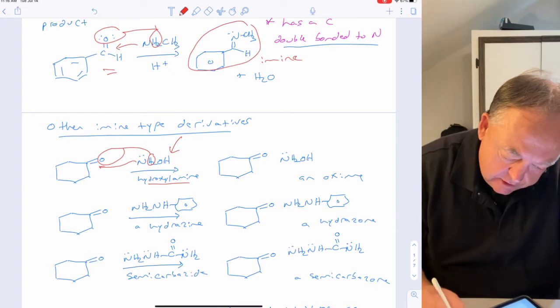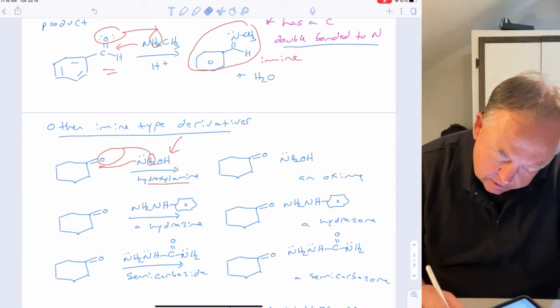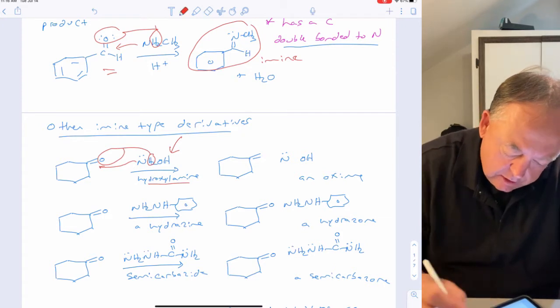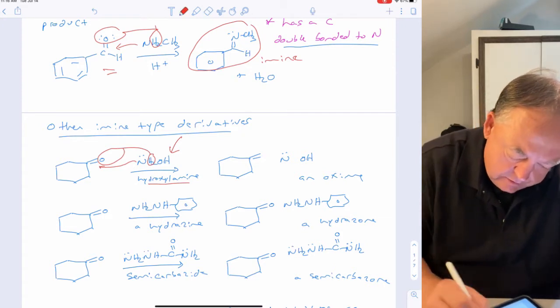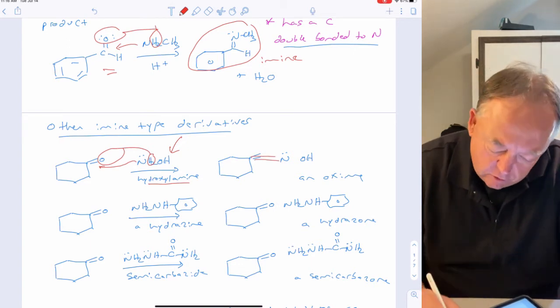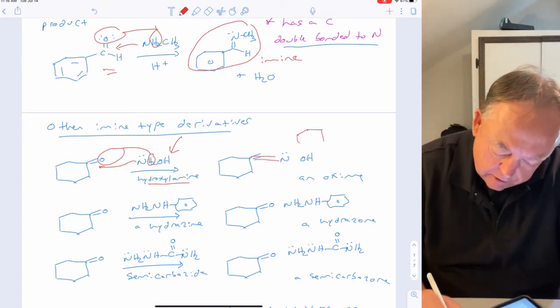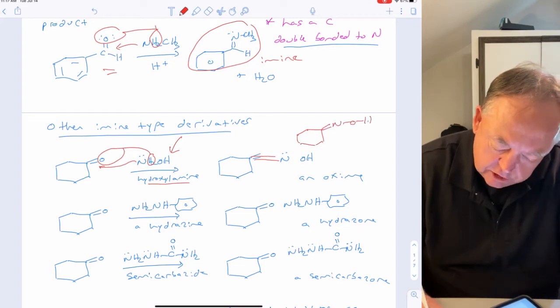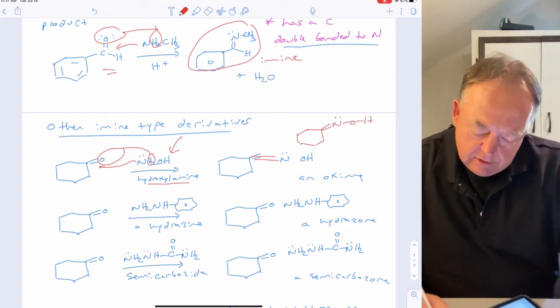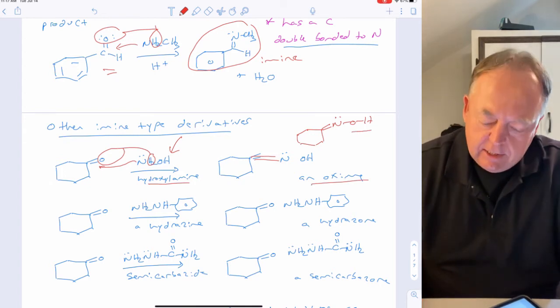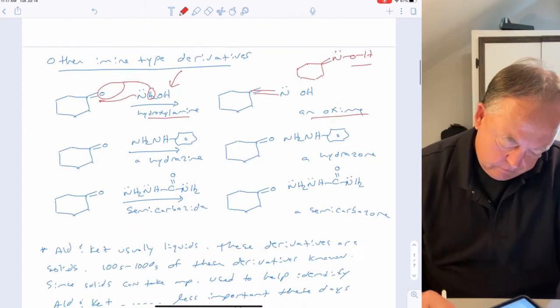So we lose the 2 hydrogens from nitrogen, we lose that oxygen, and we have a double bond to nitrogen instead. It doesn't have to look pretty, you just have to have the right molecule. So a double bond to nitrogen, and the OH is just along for the ride. That's what's called an oxime. Having a C double bond N with an OH attached is an oxime.